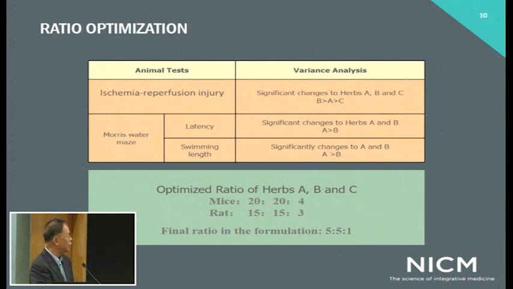Eventually, in mice, we found the ratio among those 3 herbs was 20-20-4, and then in the rat model, the ischemia reperfusion model, we found it was 15-15-3. So they are quite consistent, surprisingly. Therefore, the final ratio we use in the formulation among those 3 herbs is 5-5-1. It means 5 parts ginseng, 5 parts ginkgo, and 1 part saffron.